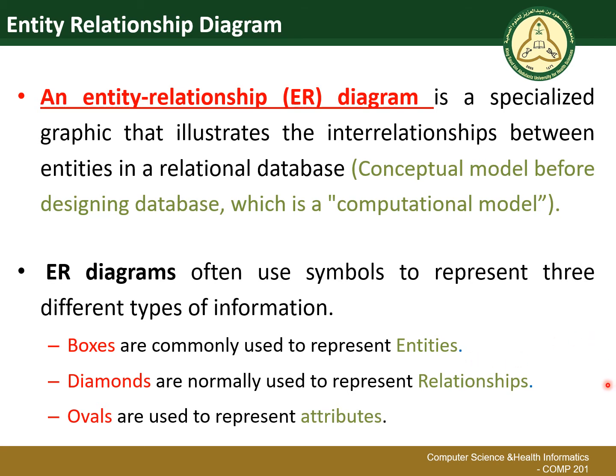The diamonds are normally used to represent relationships, which are the lines between the tables that link the tables. And the ovals are used to represent attributes. The ovals are the fields in the table.